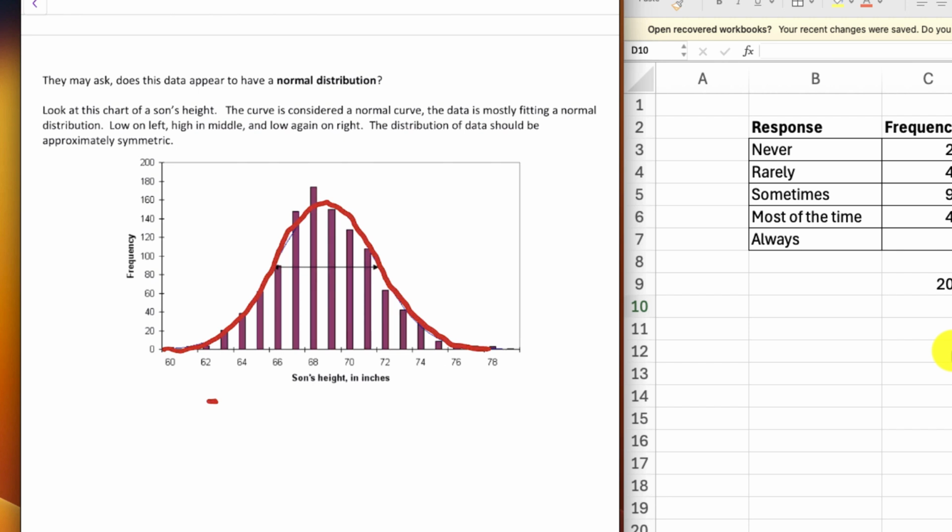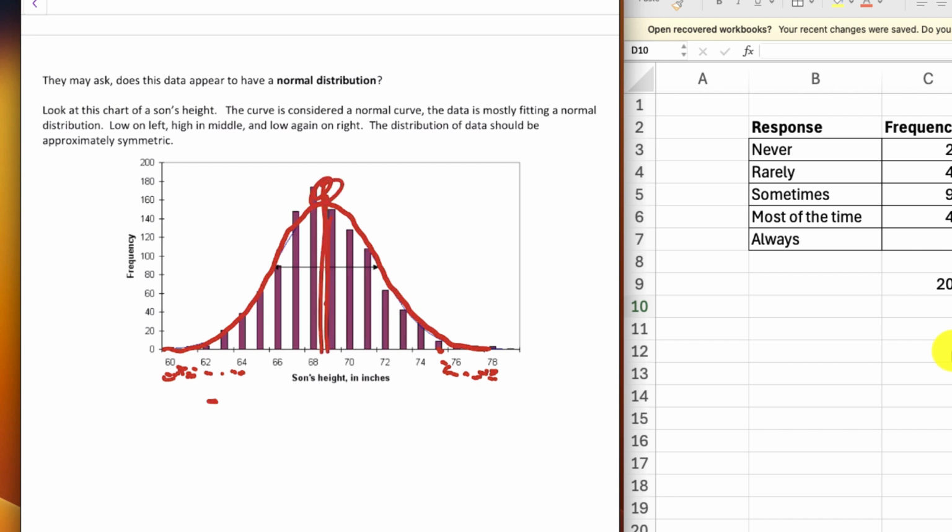What they're saying is, hey, on the far left here, as you get data in the 60s, are there just a few things? And then does that match on the other end of your spectrum in the 70s? And then as you come up in the 62, 64, is it the same on the other side as you're coming up? Is it symmetrical? So if you looked at the middle, does it look symmetrical looking right and left?